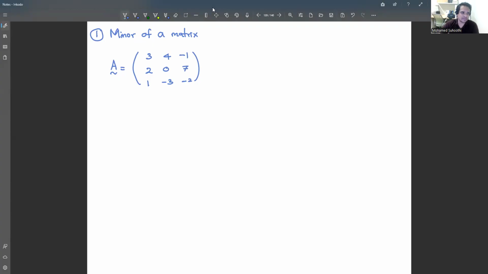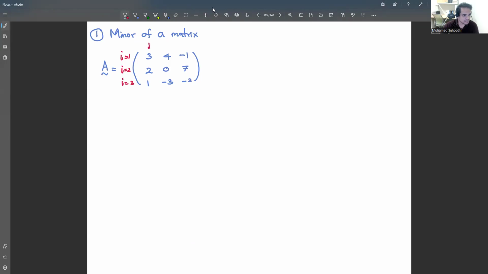In the matrix, we denote the row index as i. So this row is i equal 1, i equal 2, i equal 3.